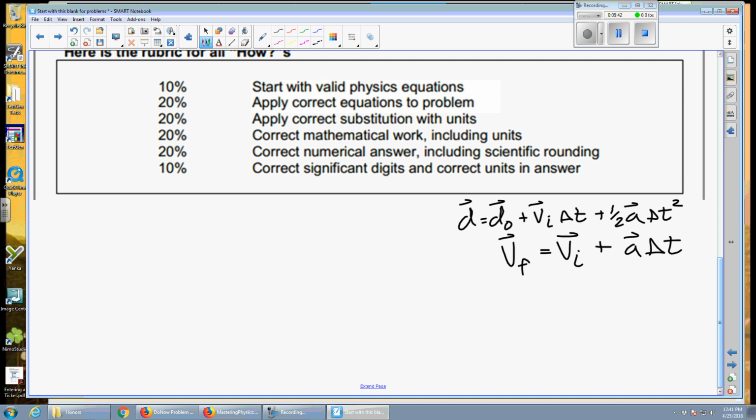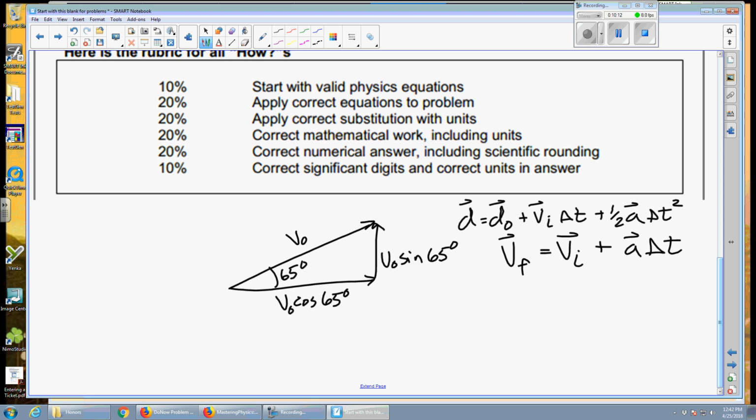So those are the two I'm grabbing from my equation sheet. And I'm going to draw that initial velocity again and its components. So this was 65 degrees, so this is v naught. Adjacent, so v naught cosine 65 degrees, and this side is v naught sine 65 degrees.